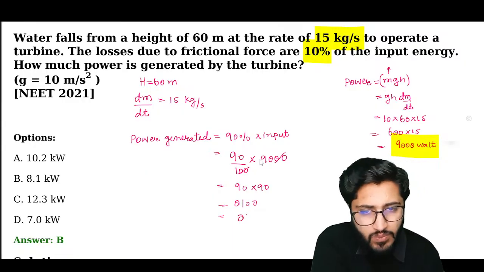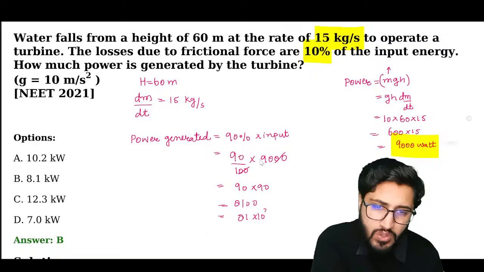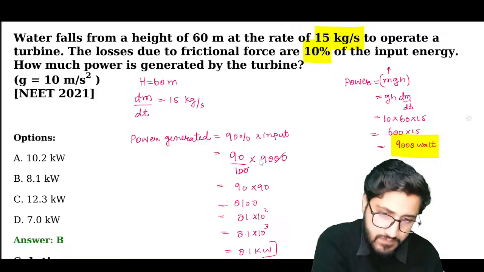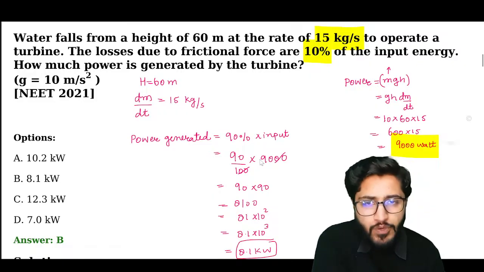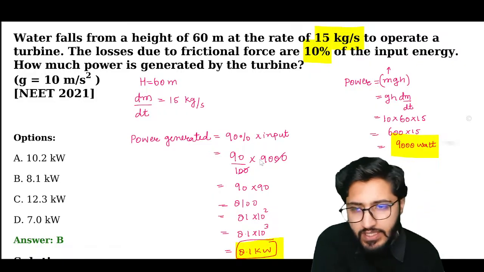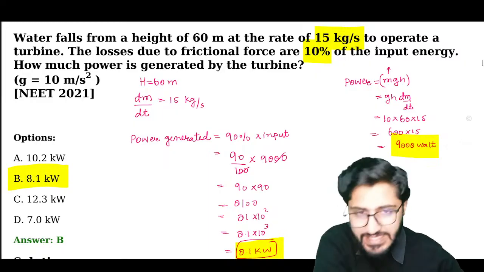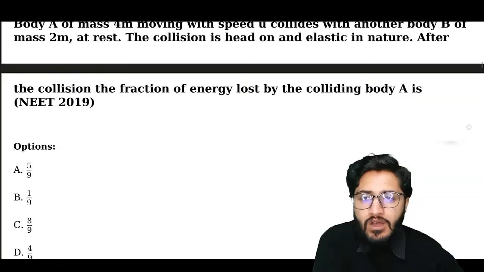So I can write 81 into 10 to power 2, or 8.1 into 10 to power 3. And 10 to power 3 is kilo. So it is 8.1 kilowatt. So I guess option B is correct. Now next numerical.